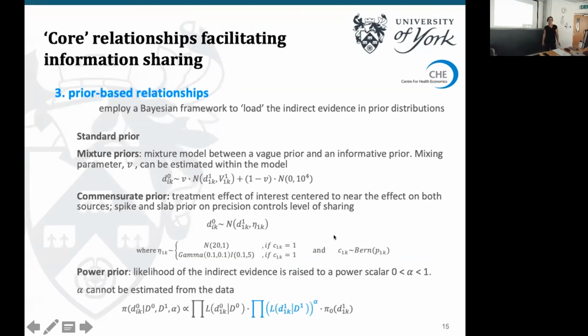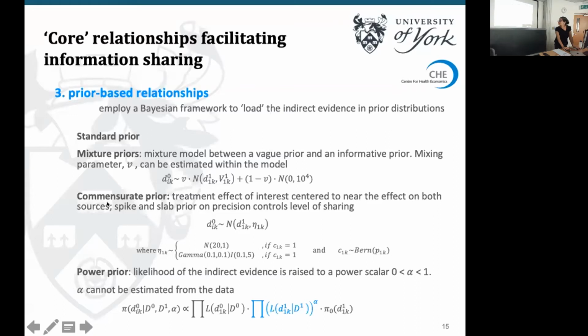The third type of core relationship that George found focused on prior-based relationships. So there's obviously a Bayesian stamp to it, where you can use a standard prior, where the indirect evidence is used directly as a prior for your treatment parameter of interest and updated with the direct evidence.